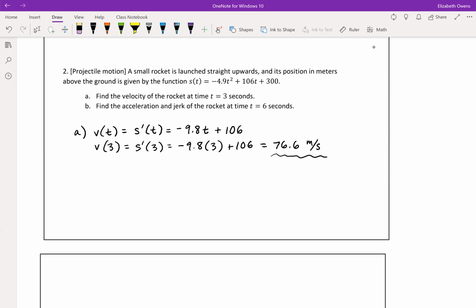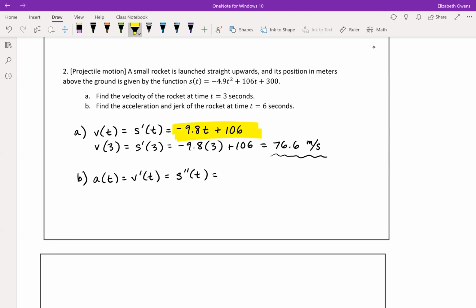Now in part B, we want to find the acceleration and the jerk of this rocket at time t equals 6 seconds. Let's start by finding our acceleration function, because acceleration is the next derivative. It would be the derivative of velocity, v prime of t, or you could think of this as the second derivative of position, same thing. We'll be taking the derivative of this function.